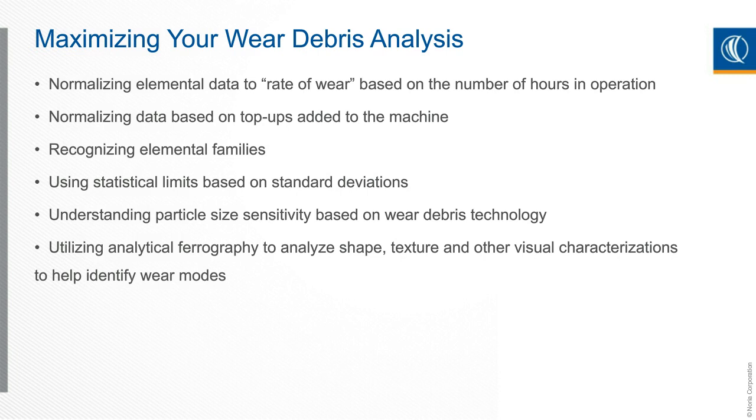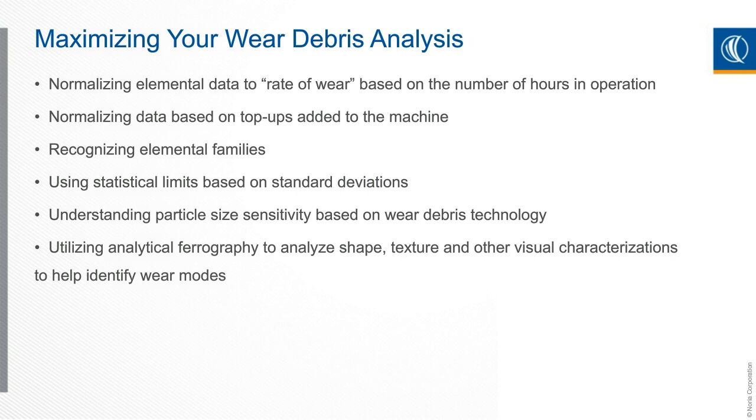Of course, you want to recognize elemental families. Certain elements tend to trend together, even if it's wear debris or solid contamination or fluid properties like the additives. Certain elements will trend together up or down, and knowing what those families are is an important skill to be able to interpret the results of elemental analysis.